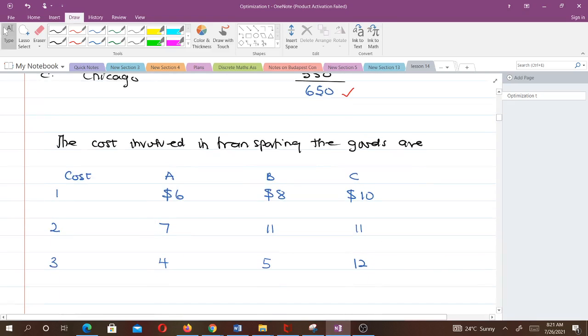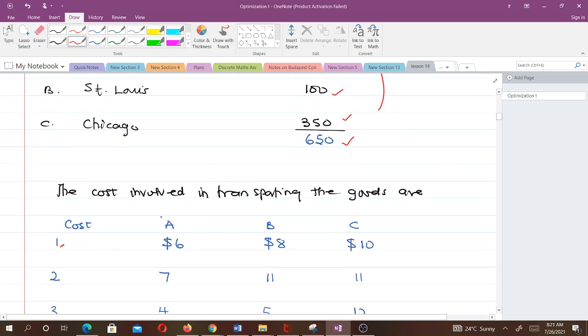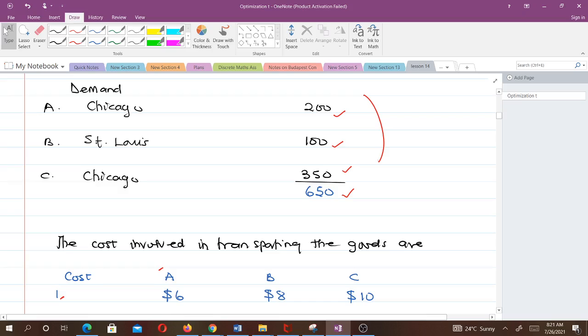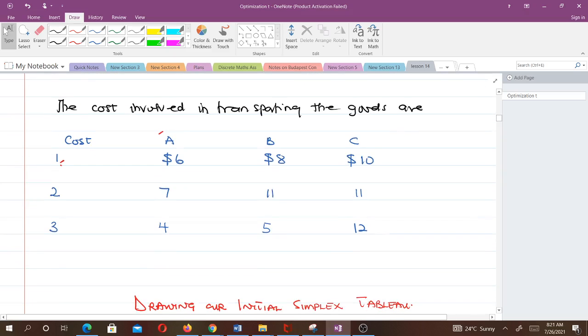Now before that, the costs involved in transporting the goods are what you can see here. From Kansas City to Cincinnati, I think this is Cincinnati, is $6. From Kansas City to St. Louis, $8, and the rest. I hope you understand that.